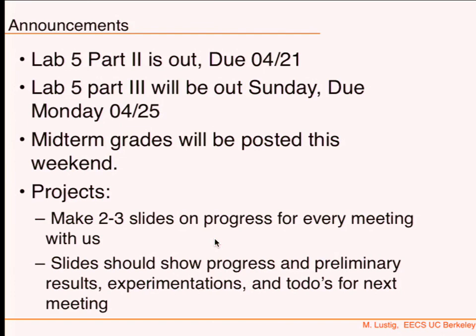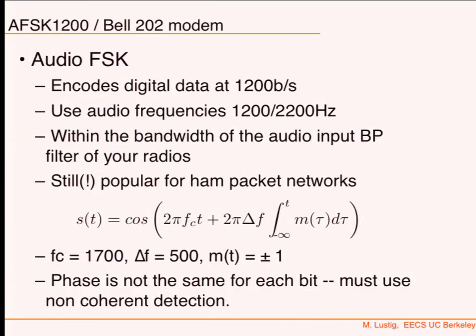Okay. All right. So the lab is all about a very old type of modem. This is a Bell 202 modem. It's one of the original ones. It was very low bit rate. But the truth is there's not a lot of change in the basic idea of what a modem is.